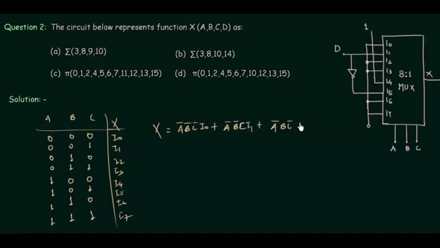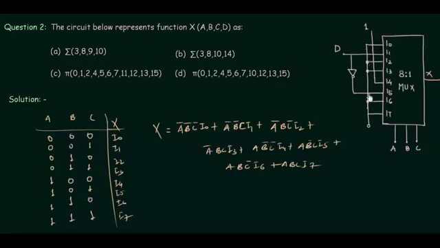A complement B C complement I2, A complement B C I3, A B complement C complement I4, A B complement C I5, A B C complement I6, A B C I7. Now the only thing that we need to do is to put the values of I0, I1, I2, I3, I4, I5, I6, and I7 from the question like we did in the last problem.